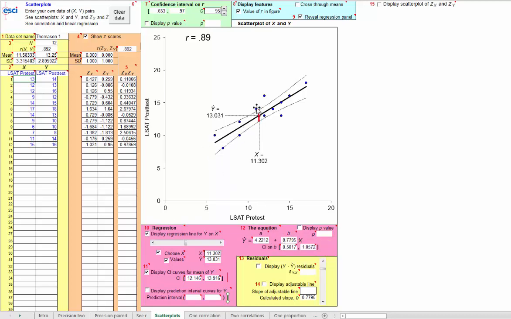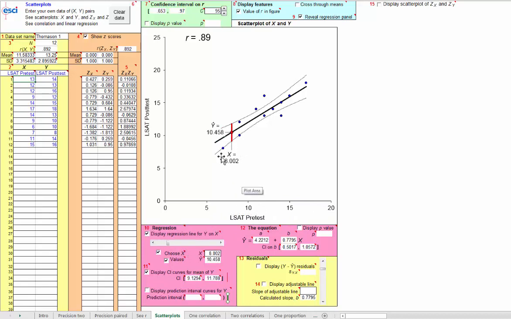And so the combination of a little bit of up and down and a little bit of rotation means that there's greater uncertainty out at the ends than there is in the middle. So it makes sense that the confidence interval for the mean of all y values at a particular x value will be longer towards the extremes of the range of x values we are dealing with.